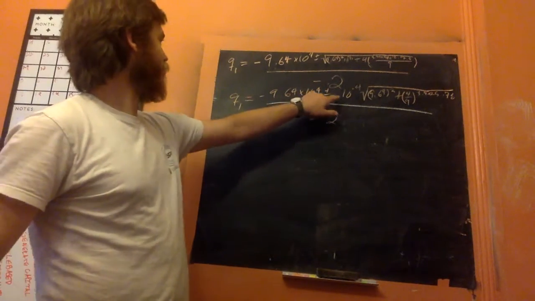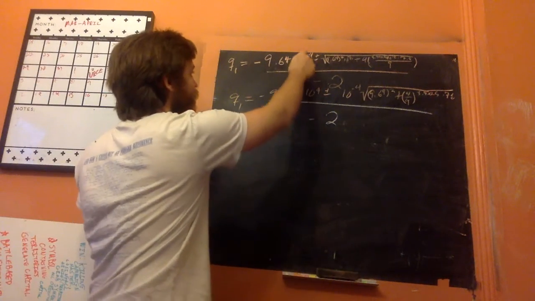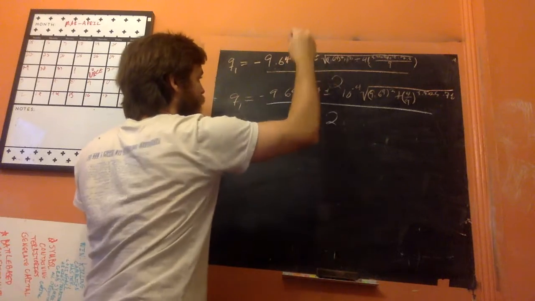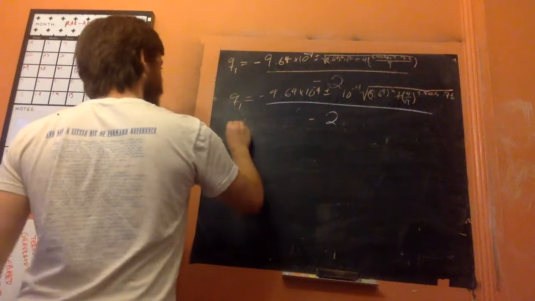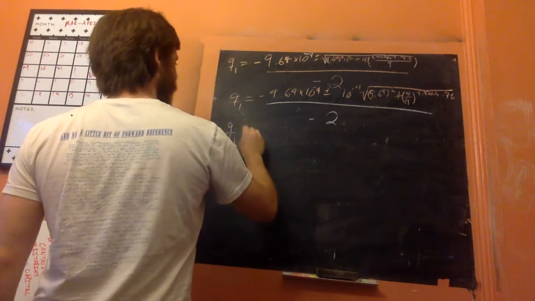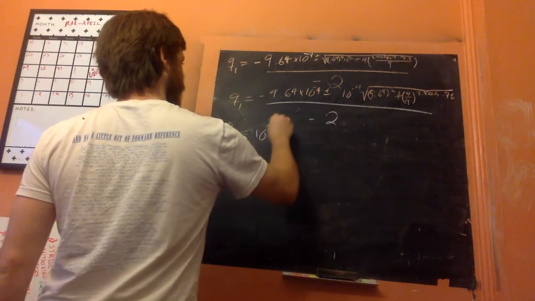These are the same order of magnitude. Make sure that's right. 9.64 to 10 to the negative 4. So we can actually even factor 10 to the negative 4 out of here again. Just work out that power of 10.